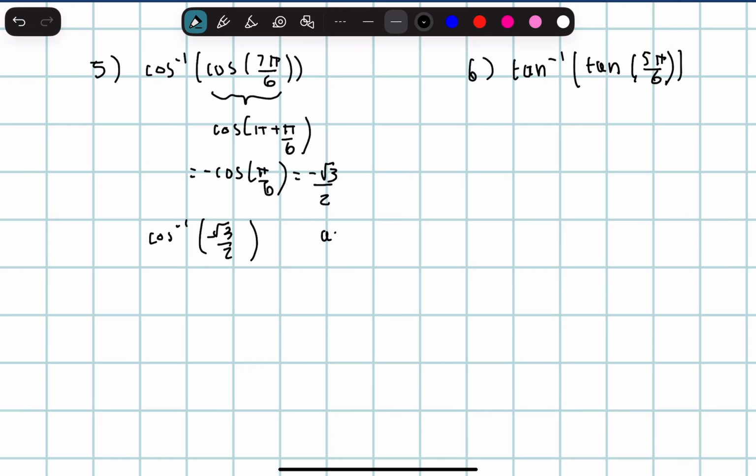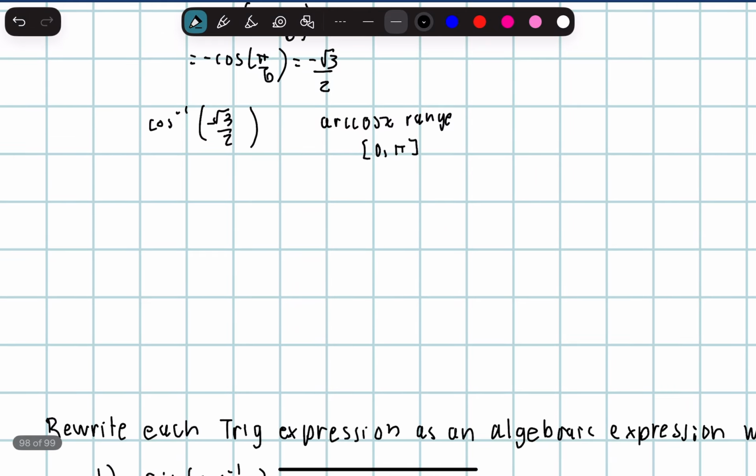And remember that the arc cosine range is 0 to pi. So that means that in 0 to pi, cosine equals negative root 3 over 2 at x equal to 5 pi over 6. So that would mean that this is just 5 pi over 6.